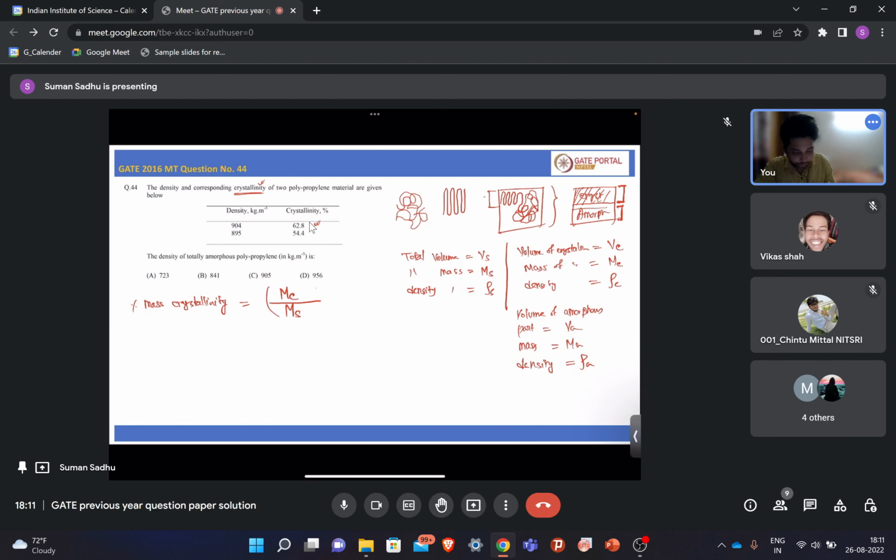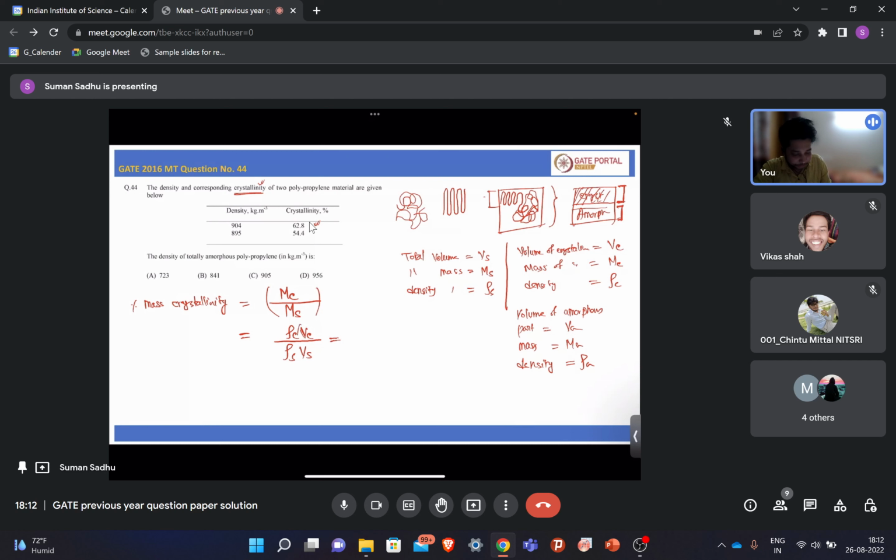In terms of density, we can write it as rho c Vc over rho s Vs.